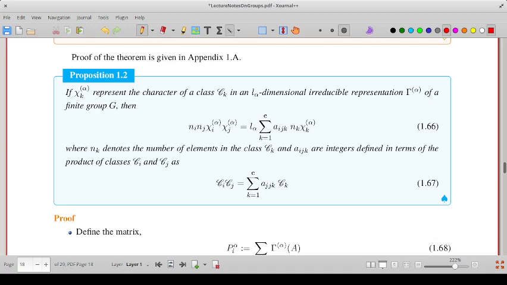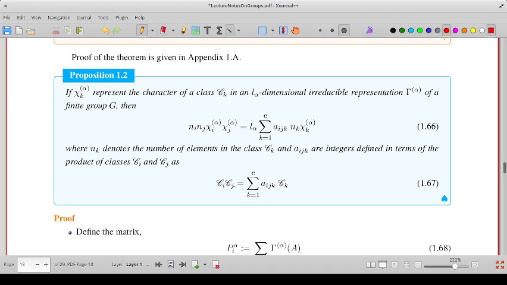And since we are allowing the repetition of group elements in this product, a particular class Ck may appear once or more than once, or it may not appear at all. So let Aijk denote the number of times a class Ck appears in the class product Ci times Cj.